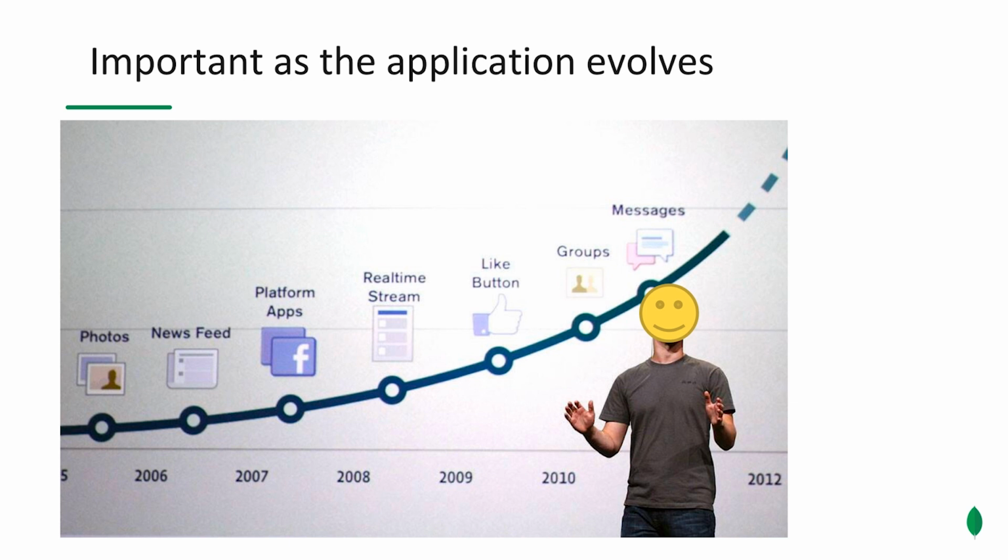Then over a few short years, they started adding functionalities such as photo sharing, newsfeed, and APIs so that other companies can build apps on top of Facebook, such as games, and users can play those games within the Facebook environment, etc. And to this day, the app continues to evolve at a very, very rapid pace for a company their size.